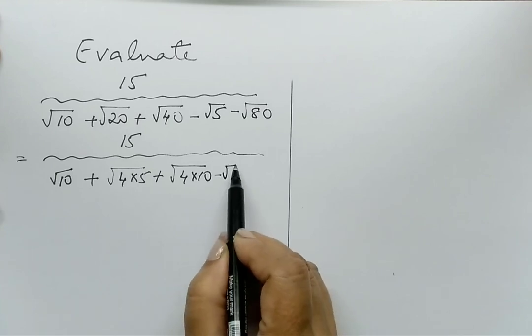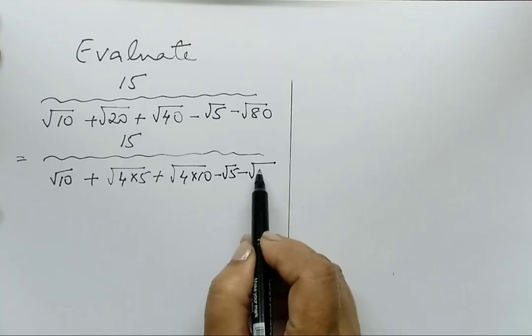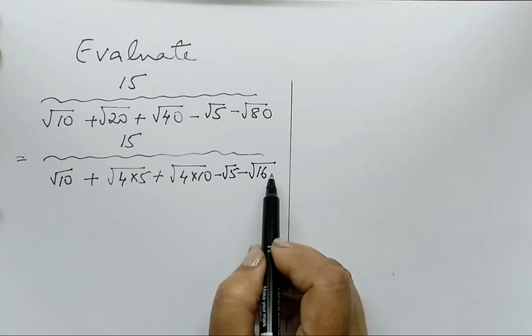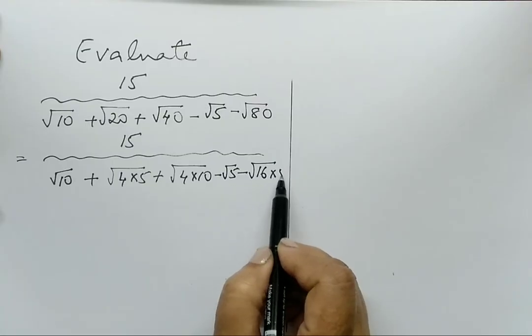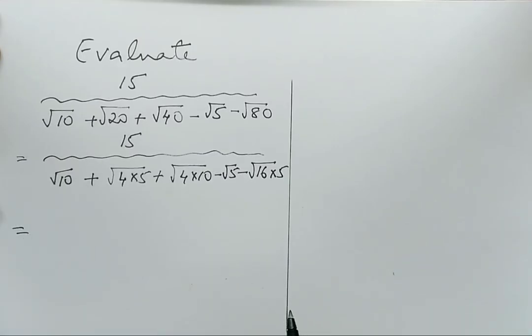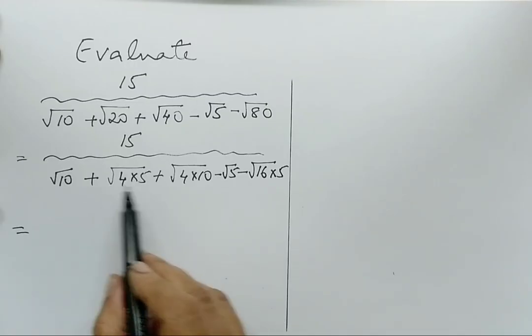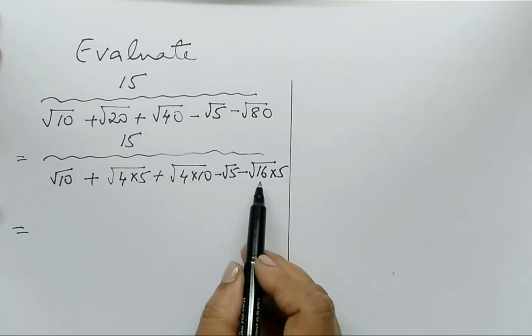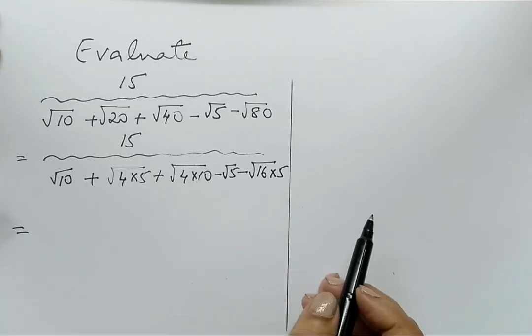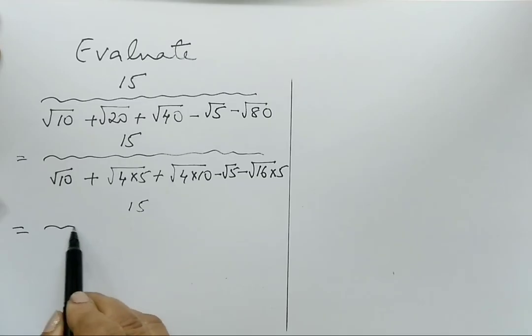Root 5 will be the same, but for root 80 we write root 16 multiplied by 5. Got it, children? So here the next step would be to bring out 2 of this, 2 square and 4 square. Got it, children? So here we have 15.